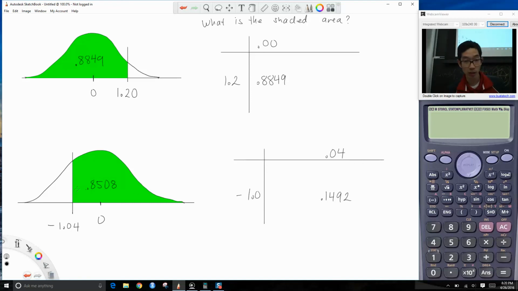But that's not what I want. I want the area to the right, which is going to be equal to 1 minus 0.1492, which gives me 0.8508.